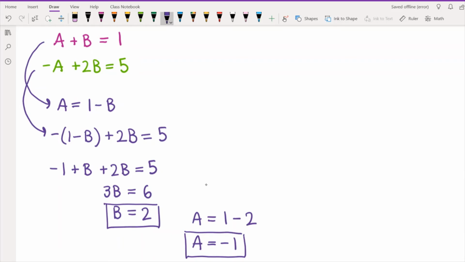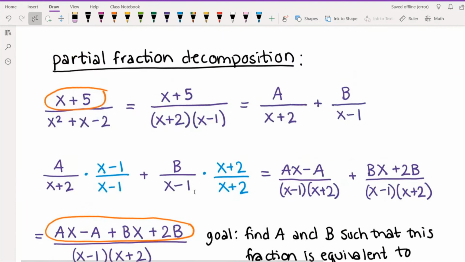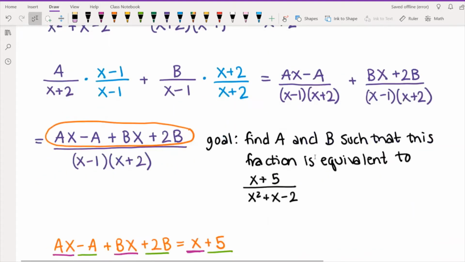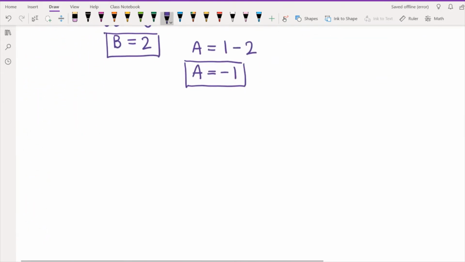So what does that tell us? Let's remember what a and b represent. So a, remember, if we go back to the beginning, a represents the numerator of the fraction that has x plus 2 as its denominator, and b represents the numerator of the fraction that has x minus 1 as its denominator. So what does this end up telling us at the end of the day?